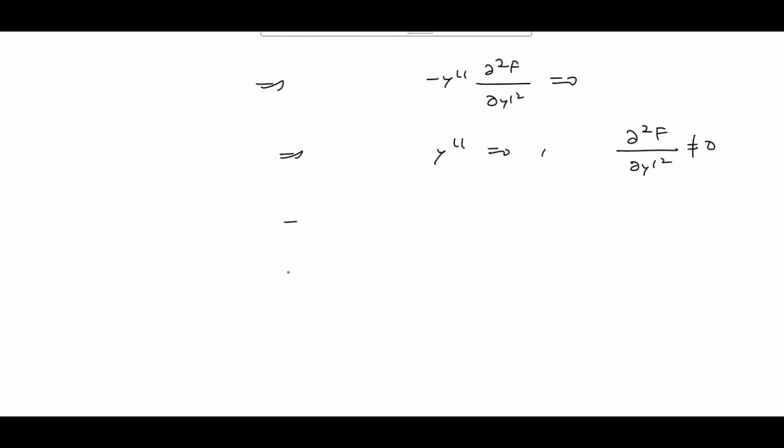So now on integration on both sides we will get y dash is equal to a, a constant. On integrating again, y of x is equal to ax plus b, where a and b are constants.